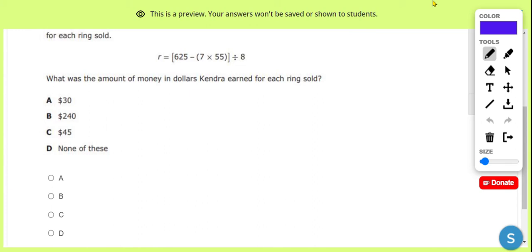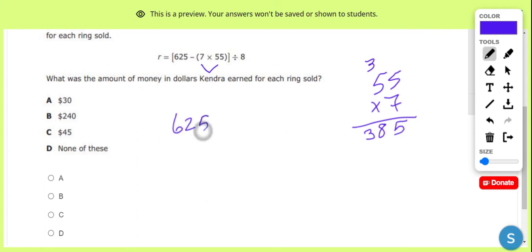And the last question here, inside the brackets, we're going to go with the parentheses here. So 55 times 7, 35, and 35 plus 3. So we got 625 minus 385 divided by 8.